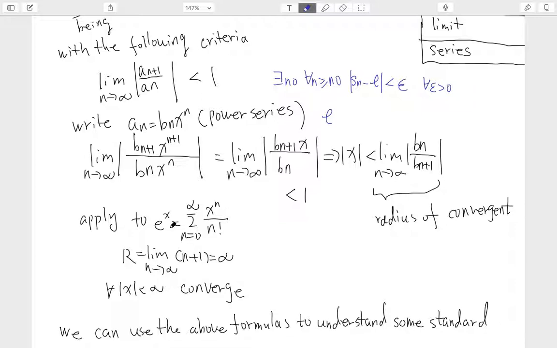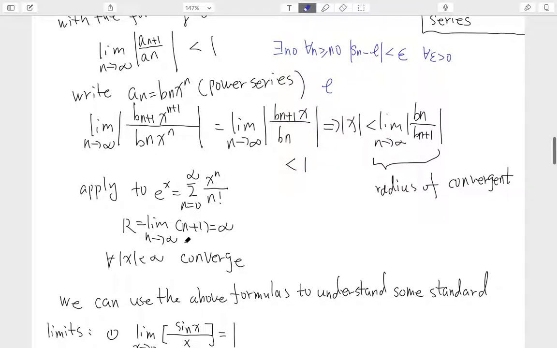And we just substitute this into the original criterion, and we can get a radius of convergence, the terminology referring to the limit as n goes to infinity of the absolute value of b_n over b_(n+1).